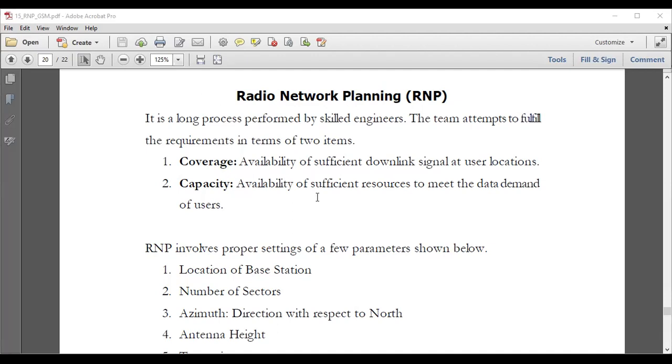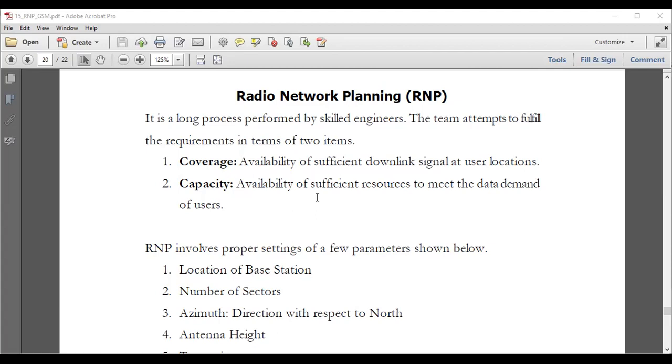Capacity means how much resources you make available with the users. The users may require high data rate, so whether or not you have enough radio resources available to meet this demand. We discussed with an example that the board budget area may have this many users, but it grows to some other number.